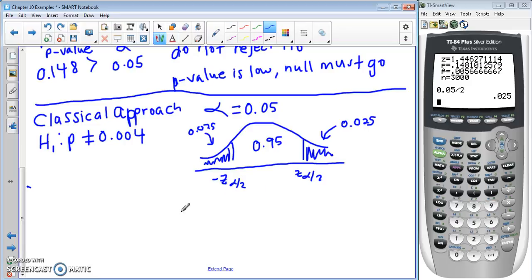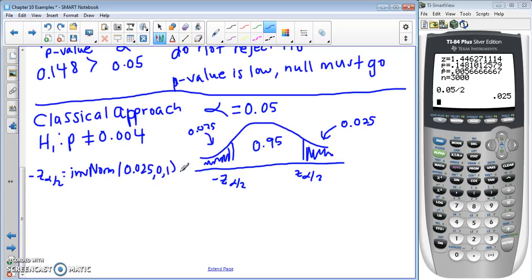To find negative z sub alpha over 2, I can use inverse norm. Remember, anytime we're looking for a z-score or data value or a percentile rank, we're going to use inverse norm. So negative z sub alpha over 2, we're going to compute using inverse norm of 0.025, comma 0, comma 1.